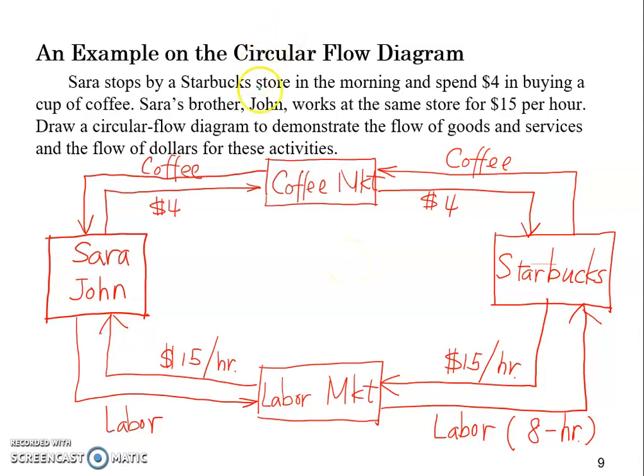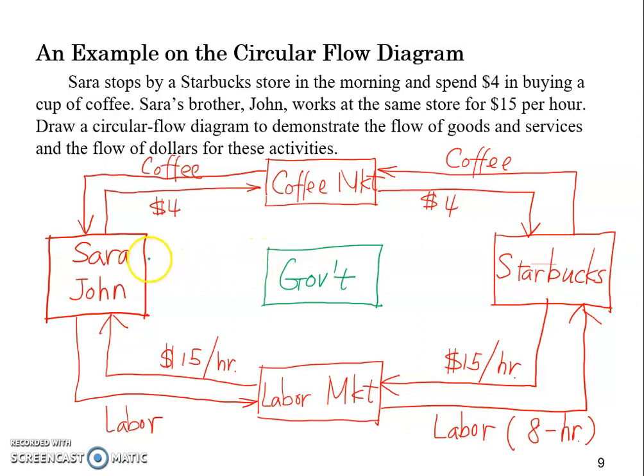This is actually the simplest version of the circular flow diagram. Later, when we talk about government policies, we can add the government into this diagram. That would be a slightly more advanced version. Once you add the government, it will interact with the household and the firm.